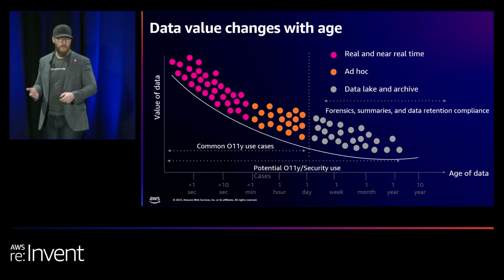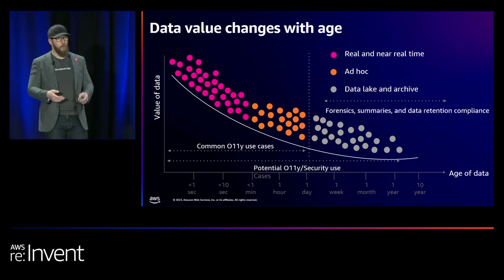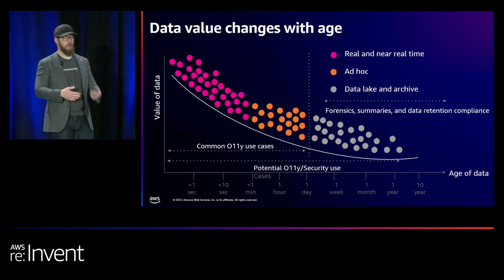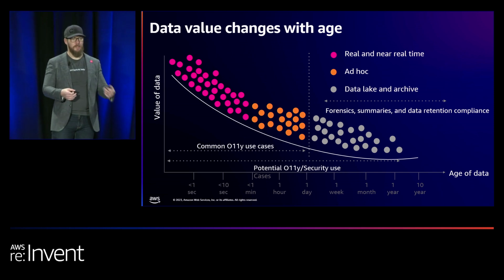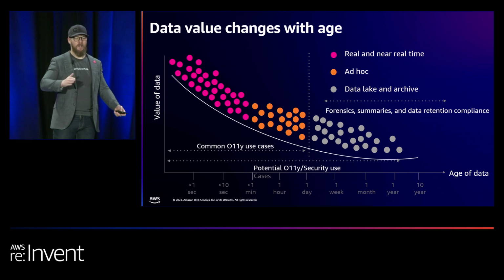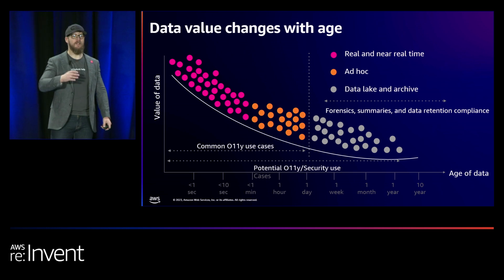The more real time you are, the more operationally relevant it is from an observability perspective, right? The closer you are to it, the closer you are to things like your MTTD, SLOs, et cetera. Now, as that time horizon expands, the value of those data types for observability use cases begins to diminish.